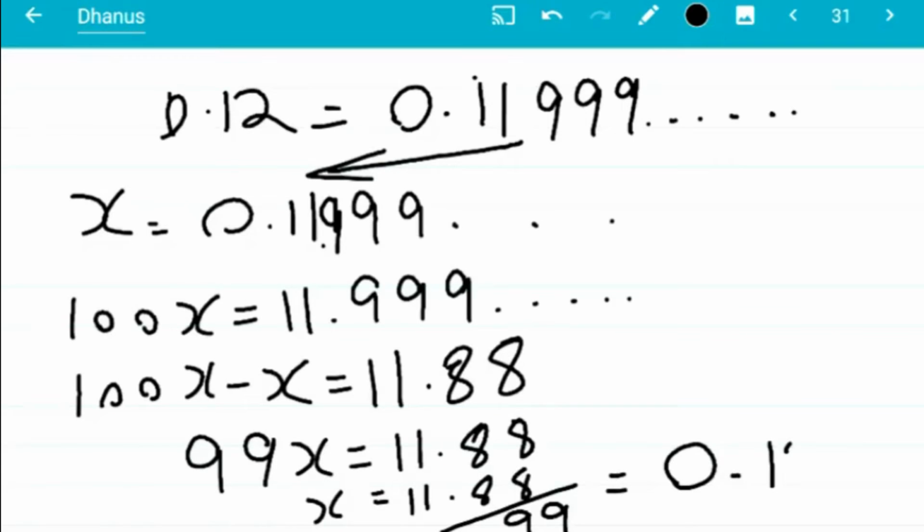Similarly, any rational number that has only a finite number of terms can be represented like this.